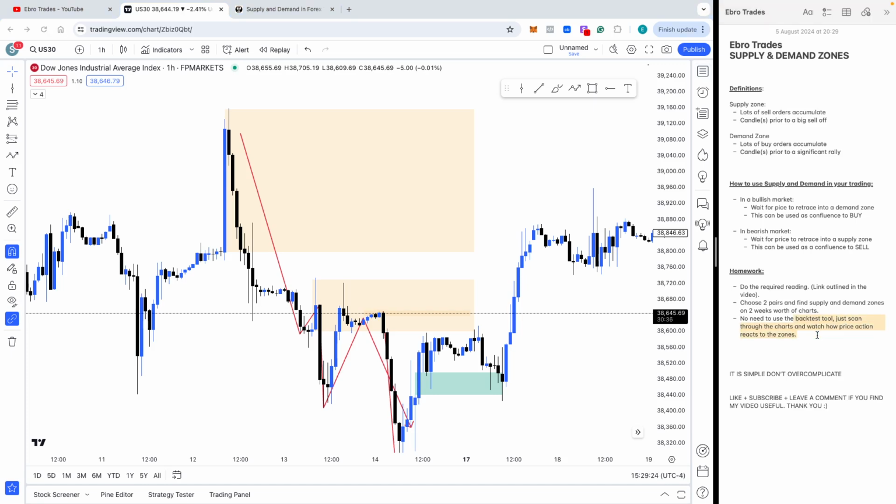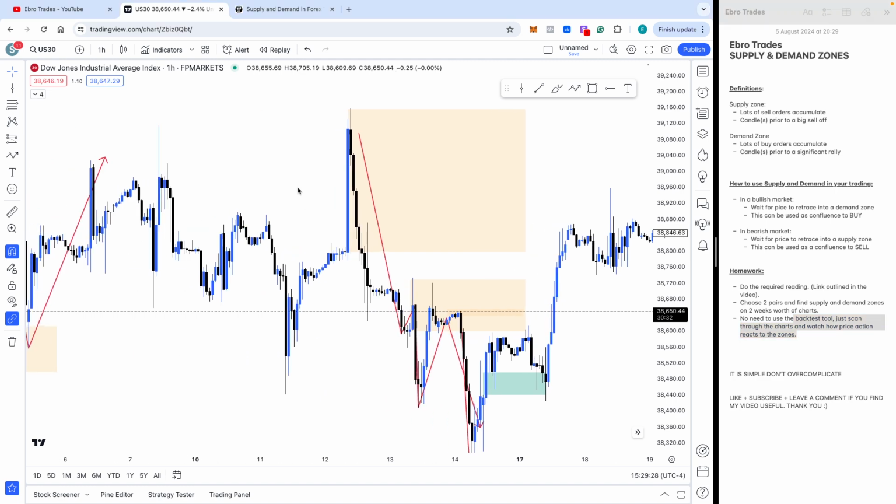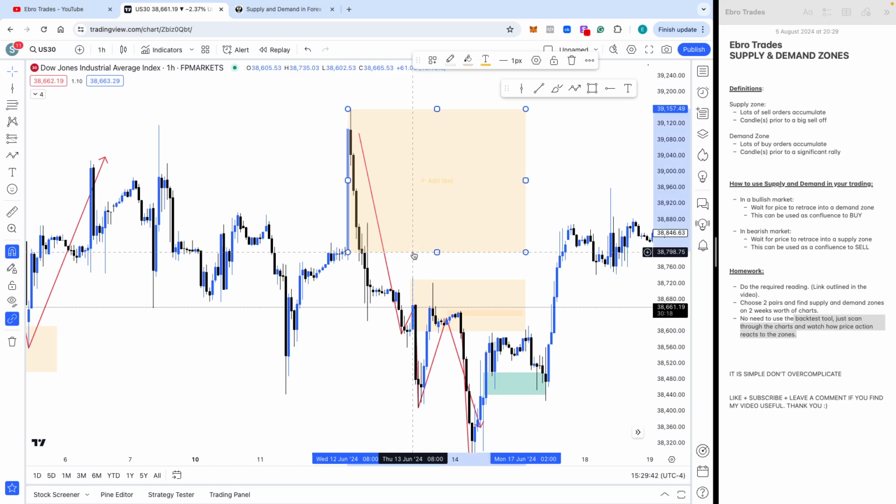Just scan through the charts and watch how price action reacts to the zones, because this is a very broad, vague confluence. This is not a setup. Trading purely off supply and demand zones is not, in my opinion, a reliable trading strategy. These should be used as a confluence in conjunction with other confluences, and you can watch my other videos for the exact strategies I use.